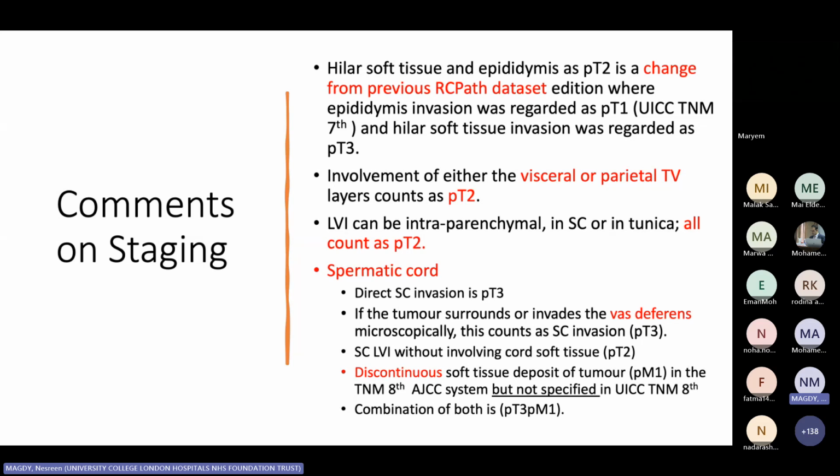And the presence of a discontinuous soft tissue deposit of tumor within the spermatic cord counts as M1. This is according to the AJCC, which is not specified in the UICC staging. Combination of direct invasion and discontinuous focus counts as pT3 M1.